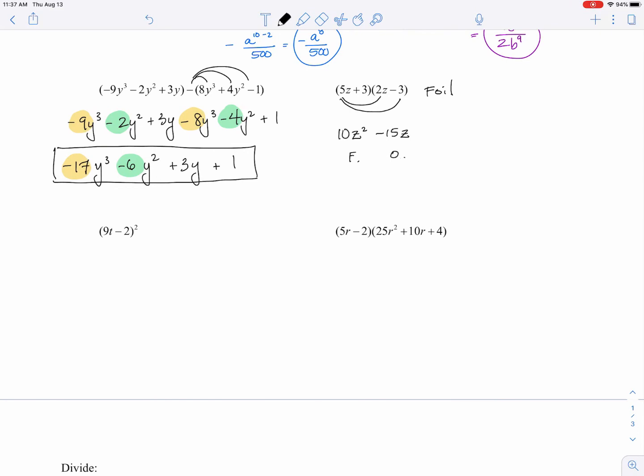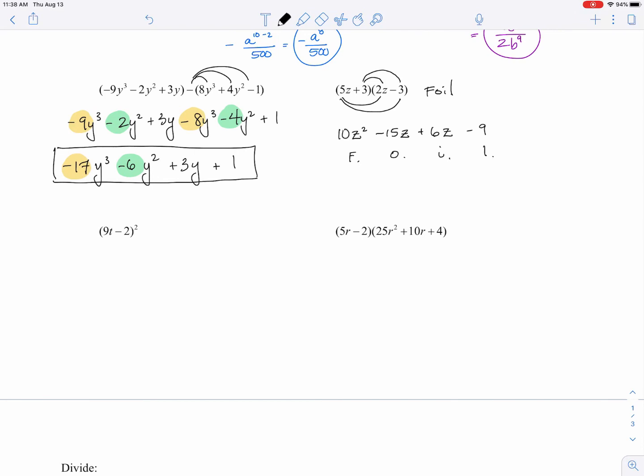That is the outer. Then we have the innards. That is going to be 3 times 2z, and 3 times 2 is positive 6 with a z. Those are my innards. And then the last 2 is 3 times negative 3, which is negative 9, and that is the L in FOIL.